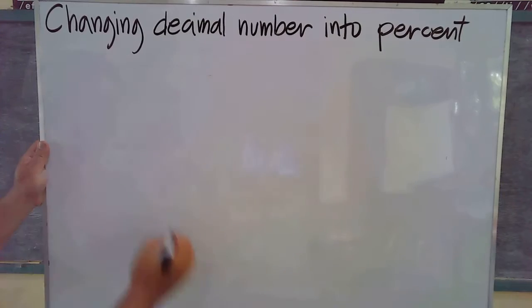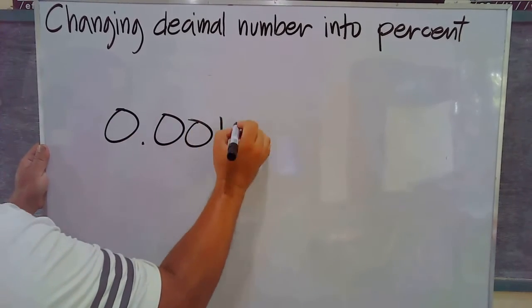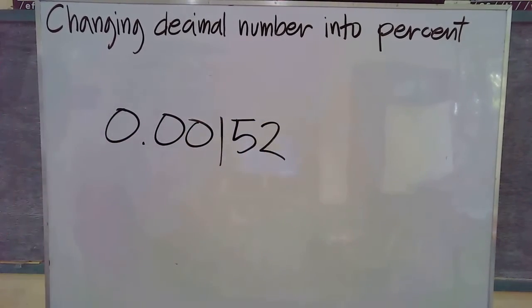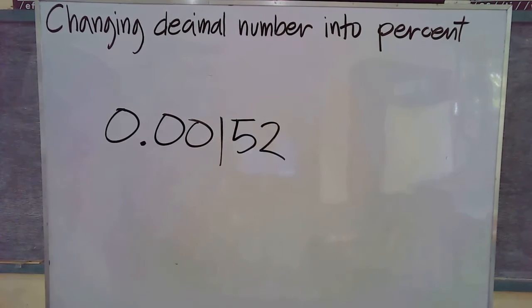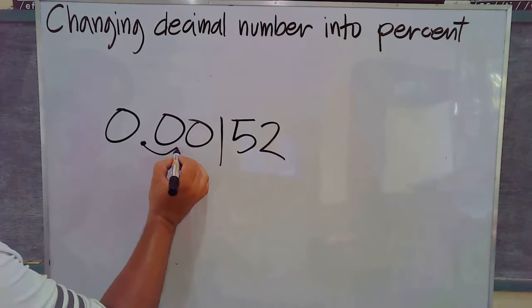Okay? So let's have some more examples. 0.001. We have a decimal number that we want to change into percent. The same procedure: from the decimal point, just 2 steps to the right. 1, 2.